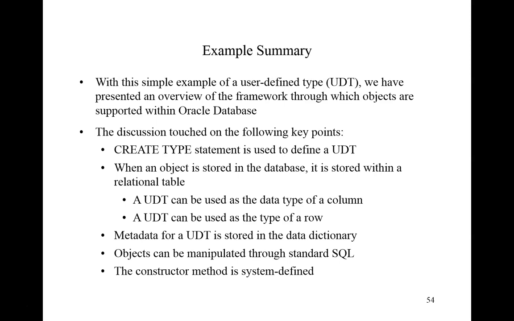When an object is stored in the database, we have two options. We can store it within a traditional relational table, putting it within a column of the table. We create a column object. Alternatively, we can make this table a typed table or an object table, in which case we create an entire row, which is really an instance of the object type.